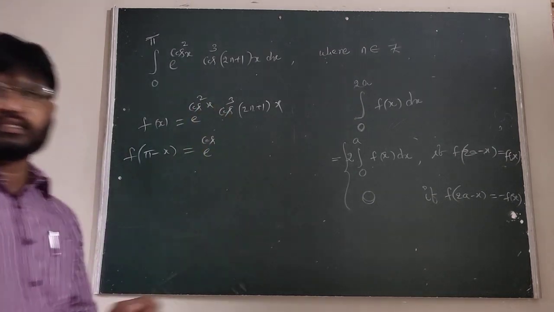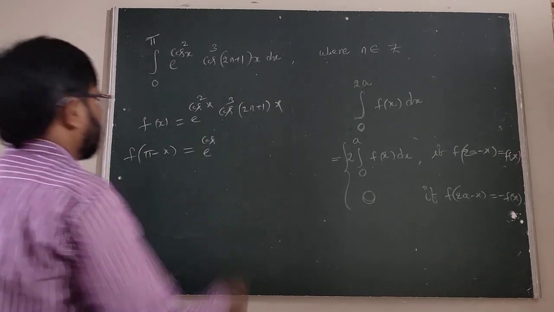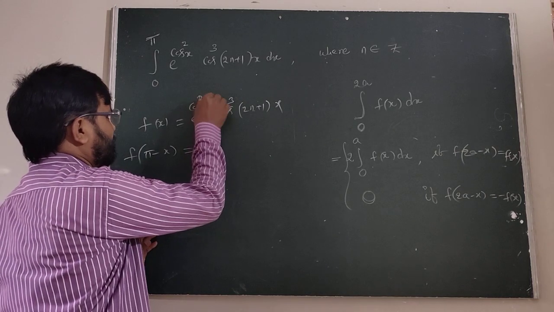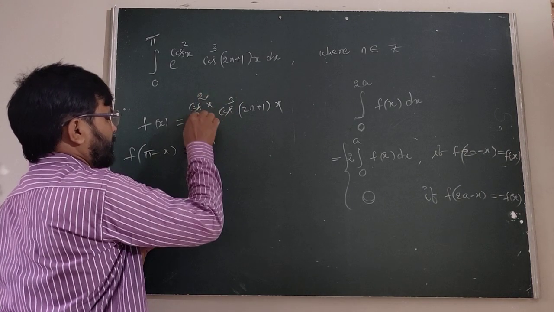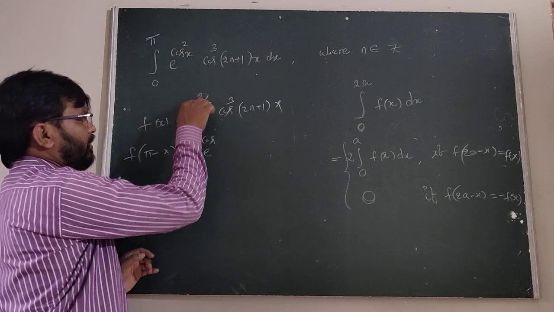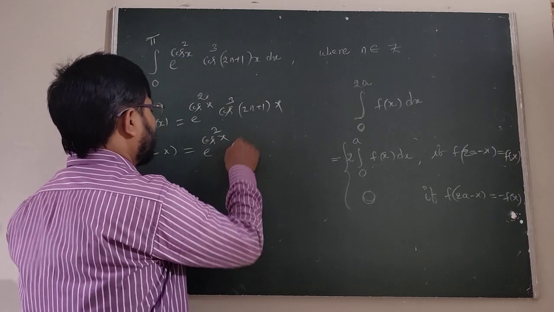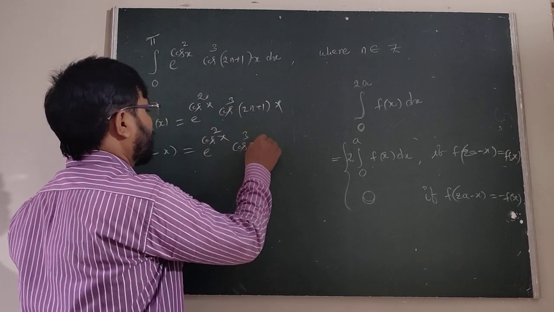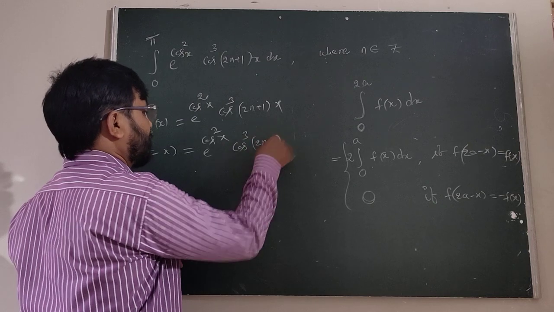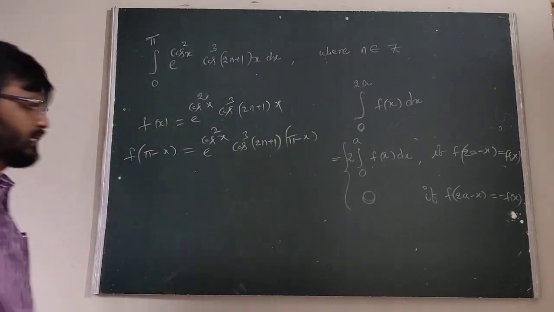Cos of (pi minus x) is the minus of cos x, and minus square is plus. After that, it will be the cos cube of (2n plus 1) into (pi minus x). Is it clear?